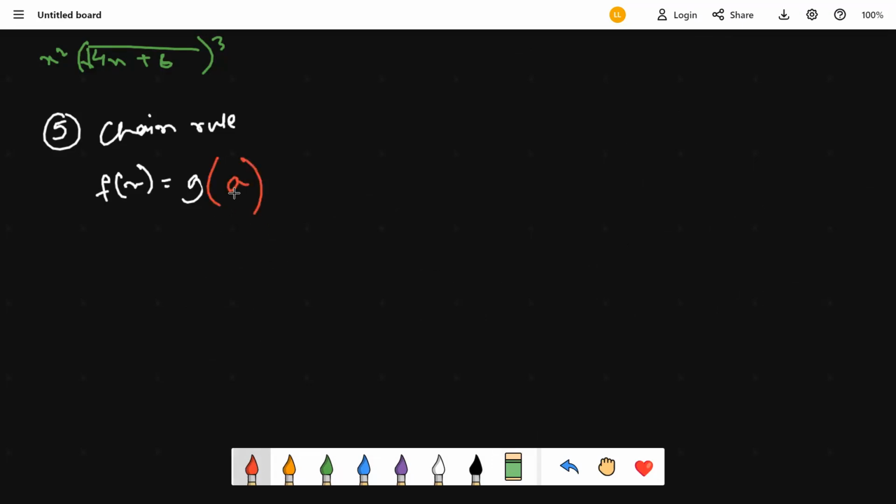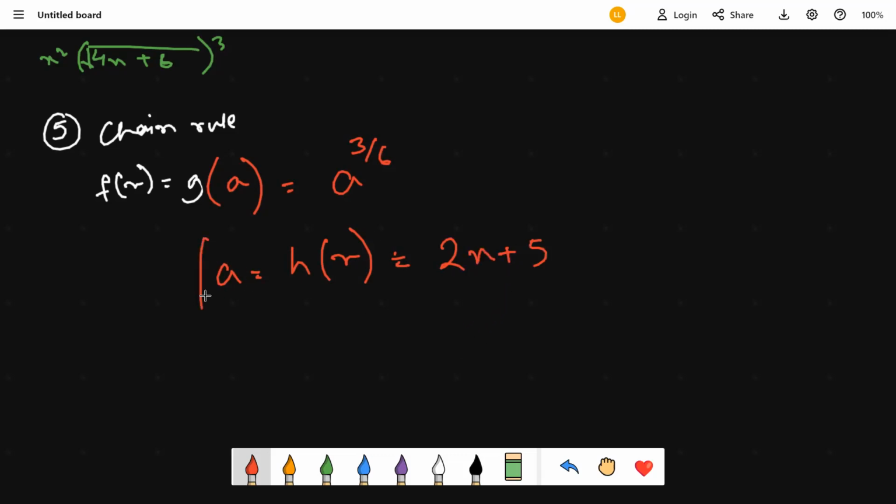Let's say the equation is a to the power 3/6, and that a represents another function, h of x, where h of x is given as 2x plus 5.